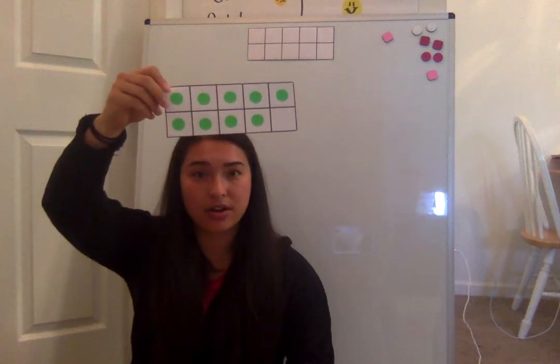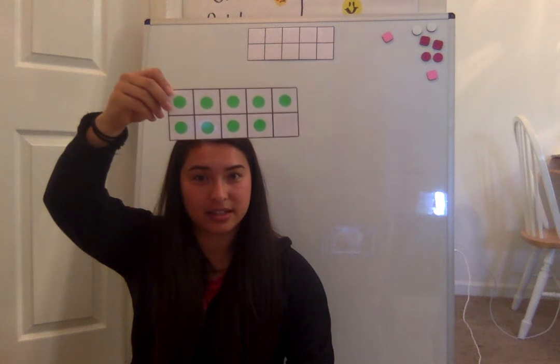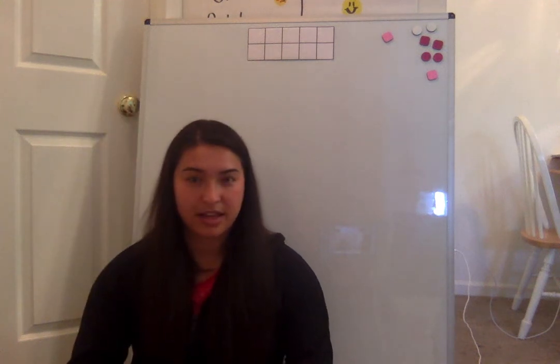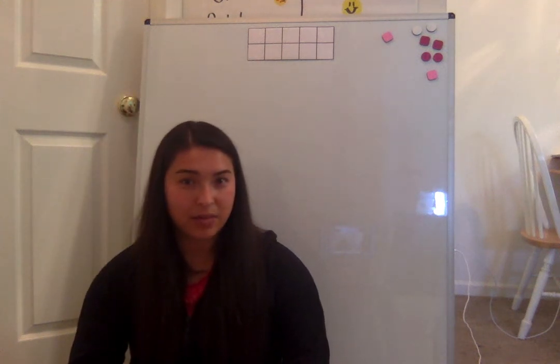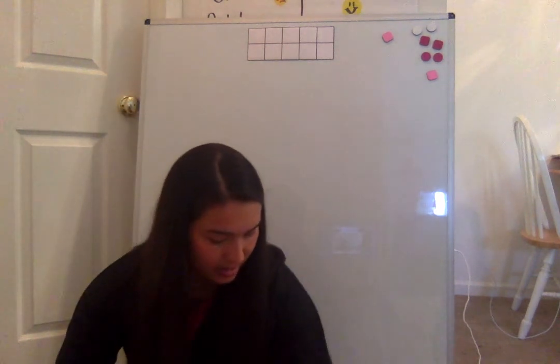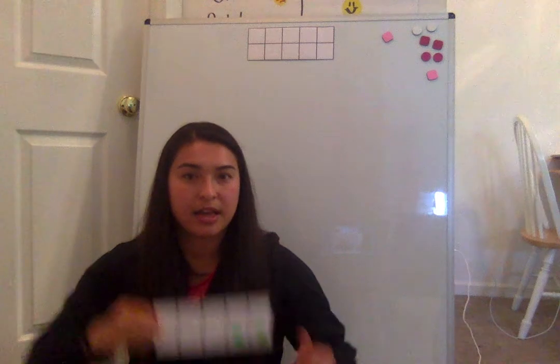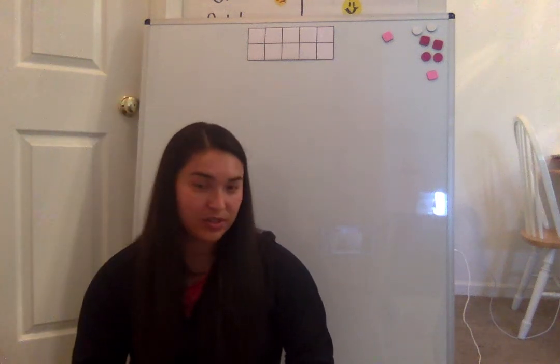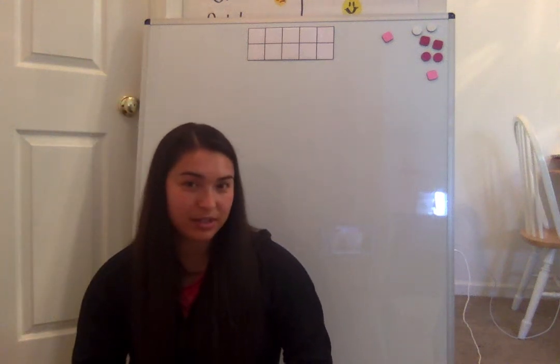How many dots are on? If 9 dots are on, how many more dots do we need? 9 plus 1 equals 10. How many dots are on? If 2 dots are on, how many more dots do we need? 2 plus 8 equals 10.